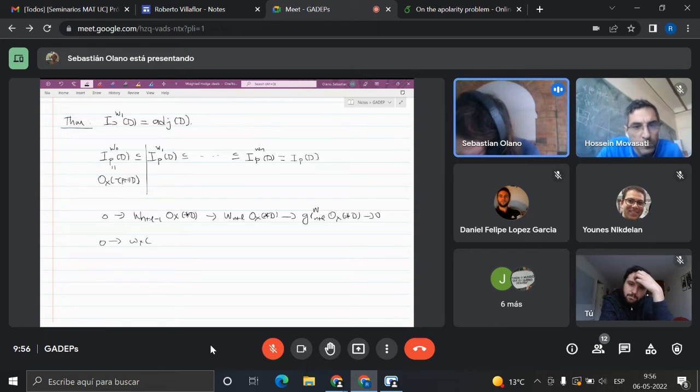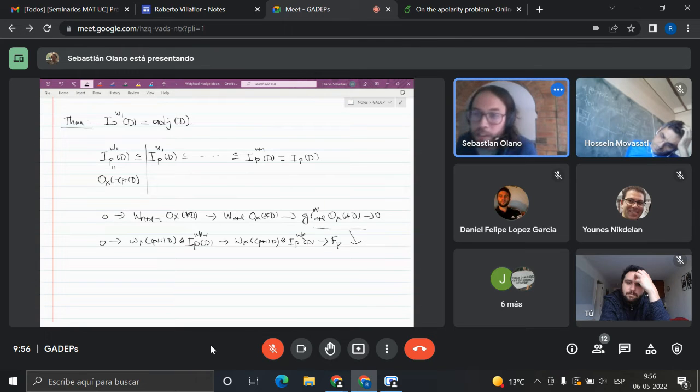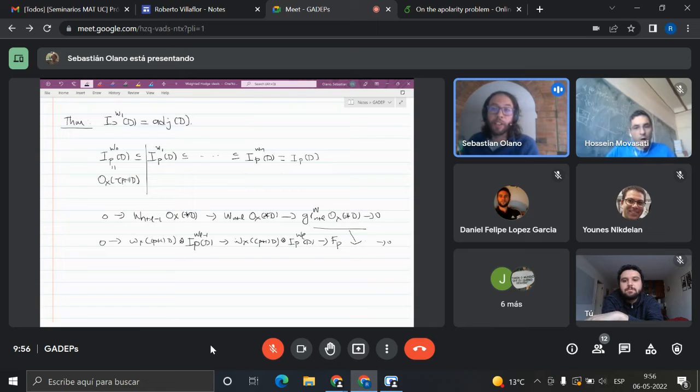So what you obtain here is the map from omega X(p+1)D tensor I_p weight l-1 D to omega X(p+1)D tensor I_p weight l D. And this is just F_p of the same thing, so F_p of this is what captures these jumps on these Hodge ideals.